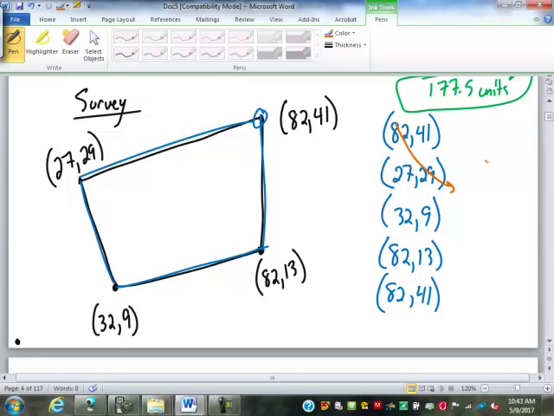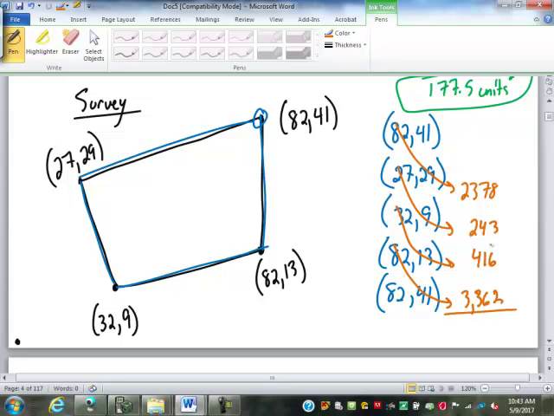82 times 29 gives us 2378. And then 27 times 9 gives us, what's that? 243. Yes, you're correct. And then 32 times 13, and then 82 times 41, 3362.